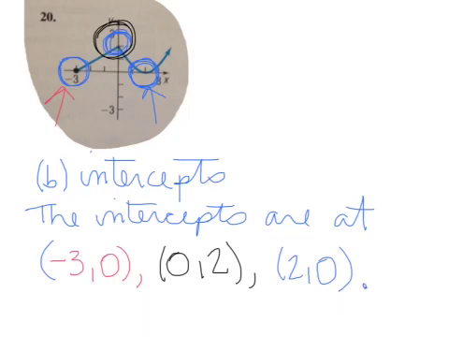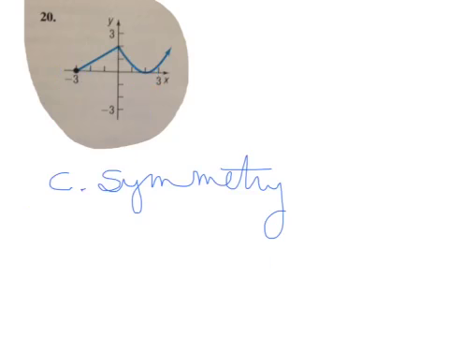That's part B. So part C asks for symmetry, and it's not symmetrical. If I cross a line down here, this side does not match up with this side. It is not symmetrical if we go like this, because there's nothing below that. And there's not a circle around it, or I can't rotate it, so there is no symmetry.